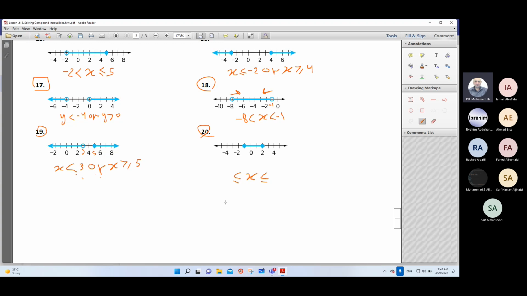Great. And the x between two values, x greater than or equal to, and here, this value, the direction will be to the positive. And here, the direction to the negative. So here, x greater than -1, and here, x less than or equal to 2.